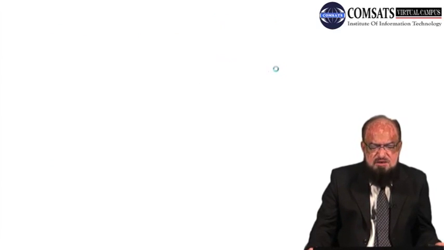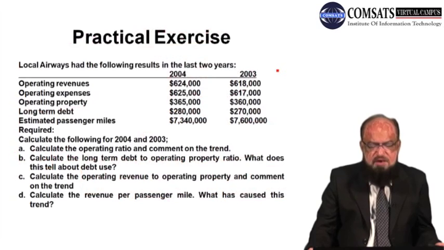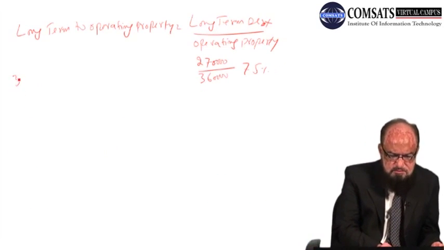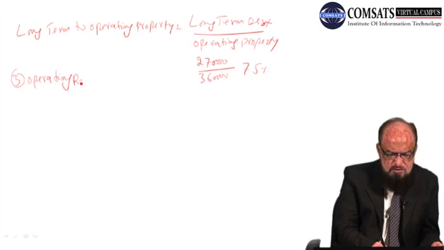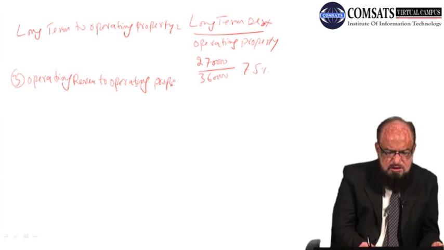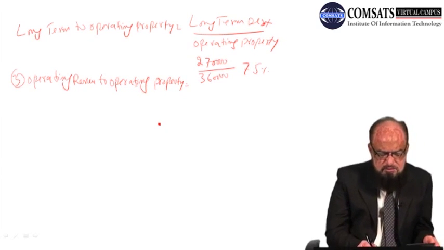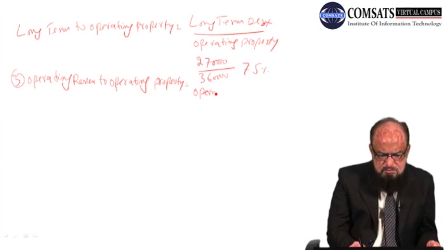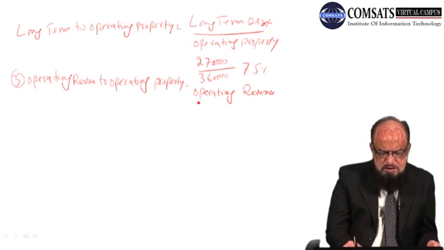Now we will calculate another ratio, that is operating revenue to operating property. Operating revenue to operating property is equal to operating revenue divided by operating property.